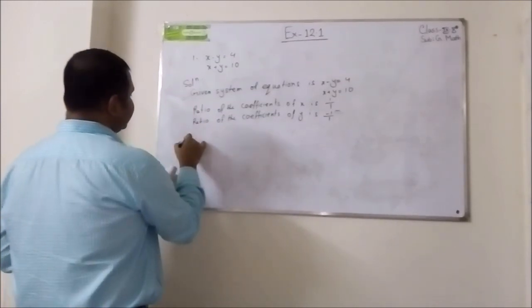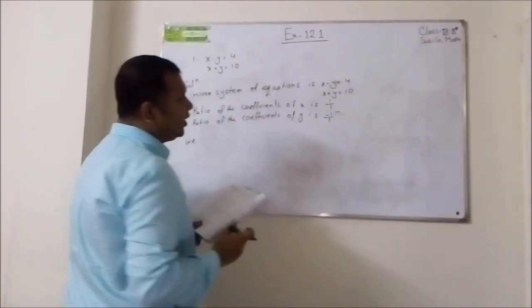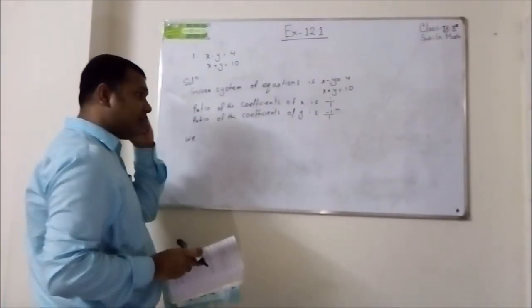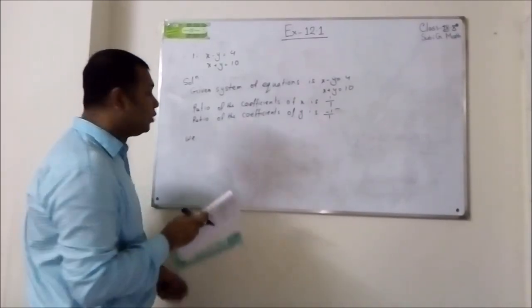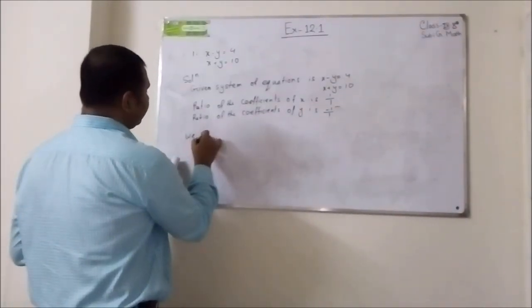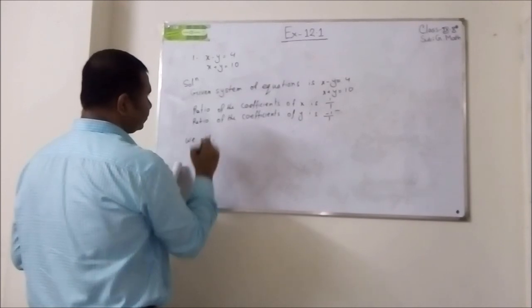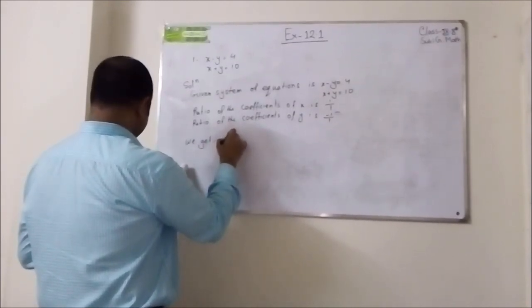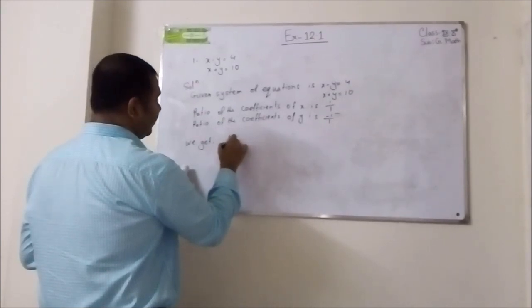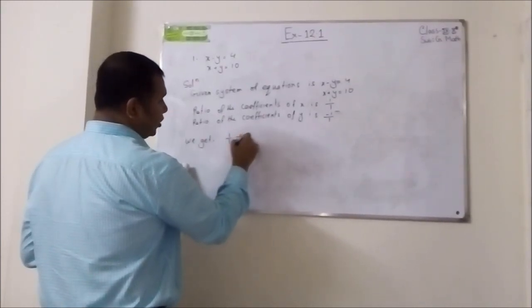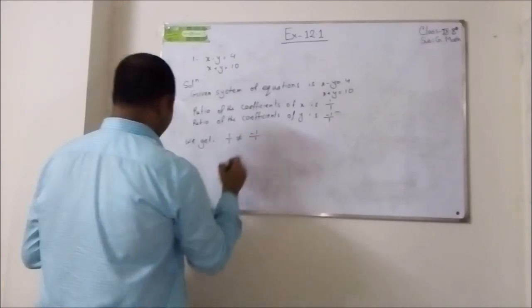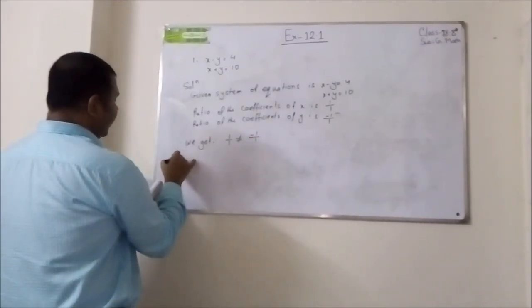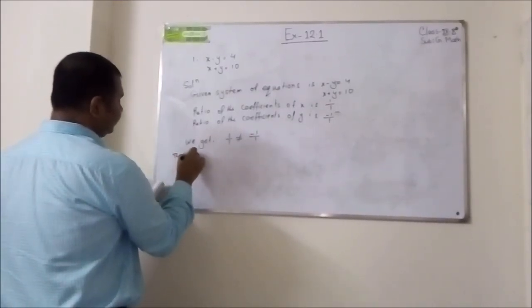You can see the ratios of the coefficients of x and y are not equal. So we get that 1 by 1 is not equal to minus 1 by 1.